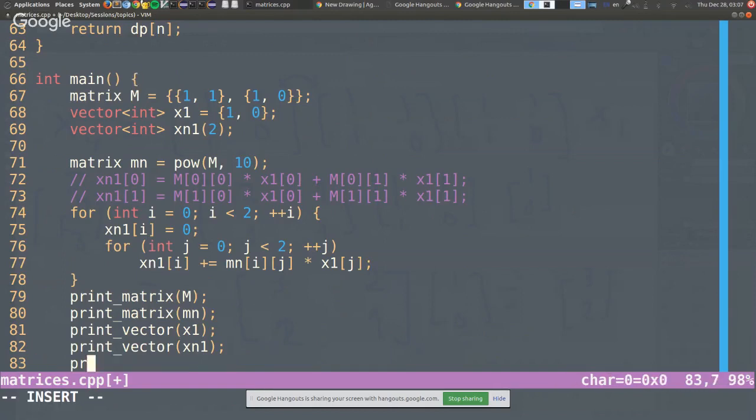So here we can also print the Fibonacci of 10 and Fibonacci of 11.